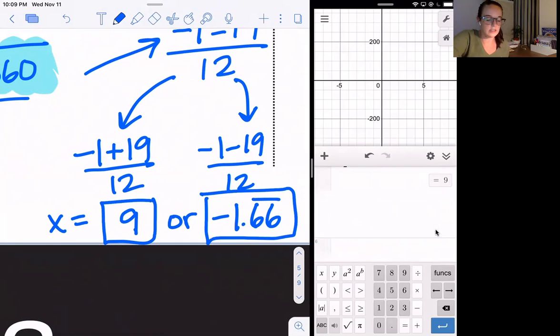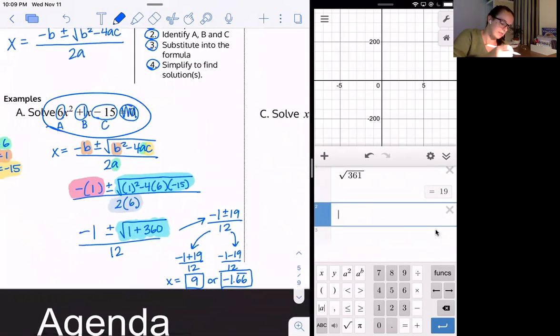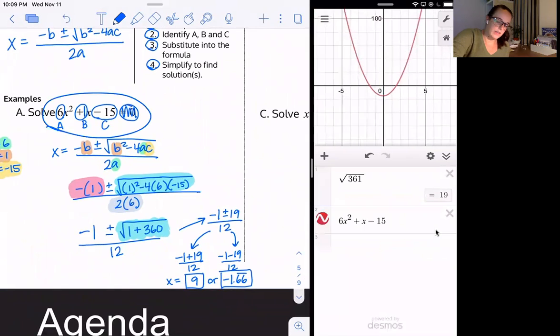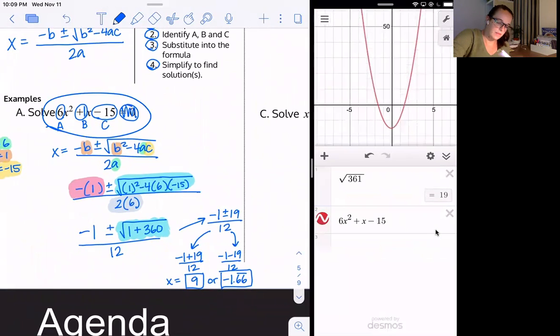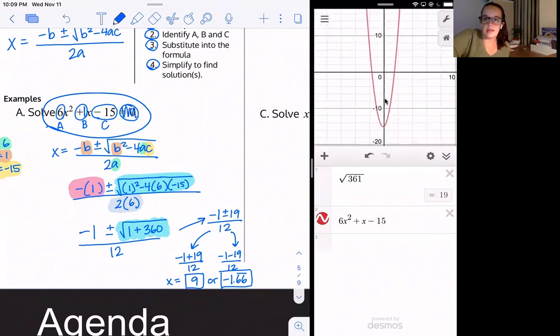If I want to check my answers, I can always go back to that graphing situation. Way back in the beginning, one of the things we learned was that if I graph this here, 6x squared plus x minus 15, I know that my 2 solutions should be the solutions that I choose.